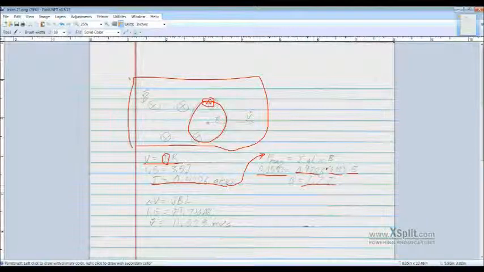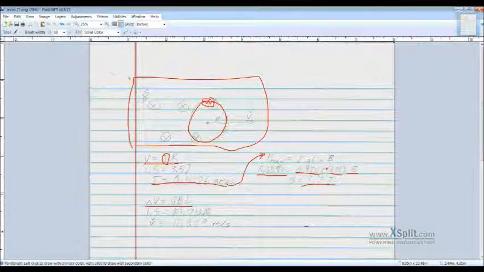So now that we know that, we can use this equation for potential here, where potential is equal to the velocity times the magnetic field times the length, well, radius in this case.